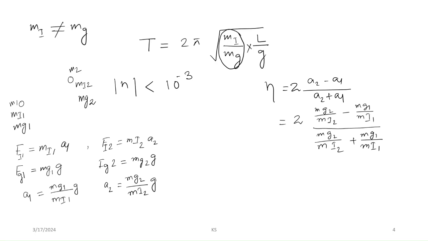To find this ratio, lots of experiments are going on. It has been going on since 5000 BC, and still it is going on. Scientists are trying to find whether there is any violation, any case where the inertial mass and gravitational mass are not equal.